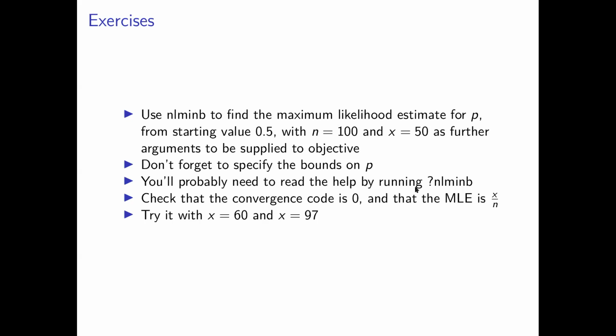You'll probably need to read the help for nlminb, so you just run ?nlminb in R and it'll show you the help. Once you get it working, check that the convergence code is 0, which means success. And the maximum likelihood estimate should be x over n. And then try it with these different values of x.